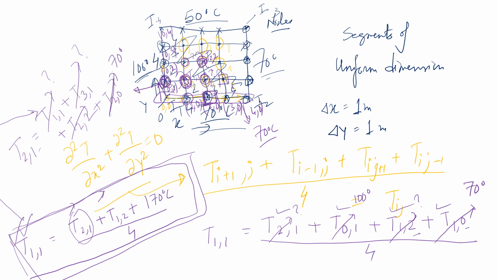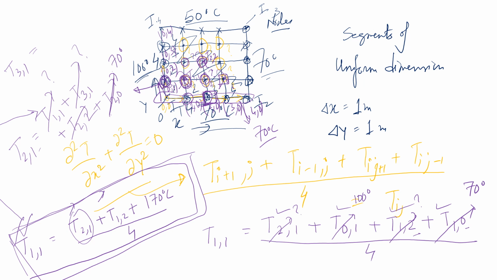Now similarly, if you try to find out the temperature at this point, we have calculated T11, then T21. Now you calculate T31. There also you will find an equation with some values available, but some values are not available.